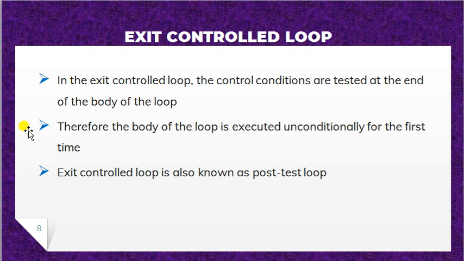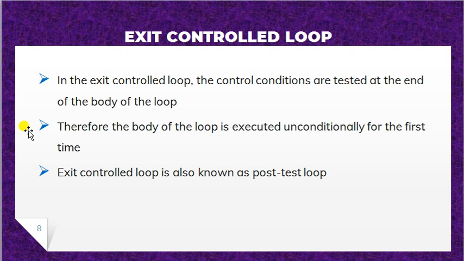In an entry controlled loop, the condition is checked at the entry point, but in an exit controlled loop, the condition is checked at the exit point of the body of the loop, that means at the end of the body of the loop.